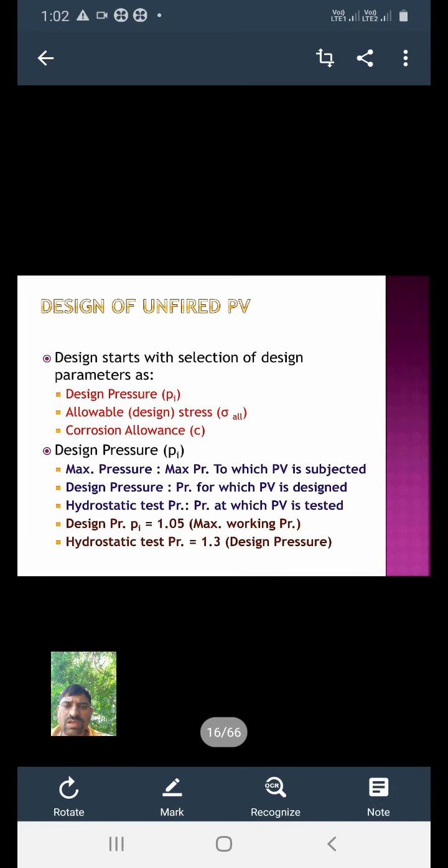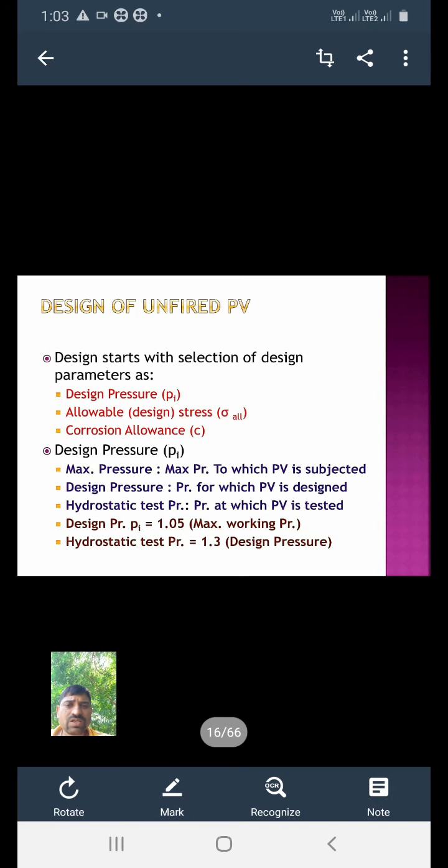Fourth is the allowable design stress. Different types of stresses are induced, but you should check which stress is induced. You have to consider sigma allowable, the allowable design stress, and also the corrosion allowance.